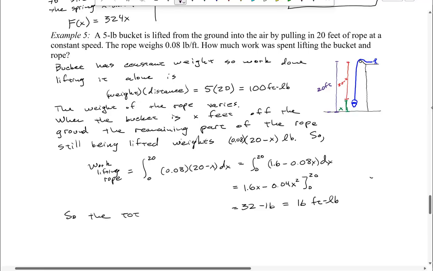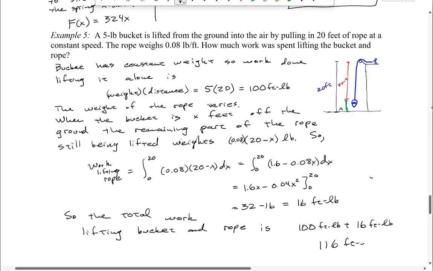The total work lifting bucket and rope is 100 foot-pounds plus 16 foot-pounds, which gives us 116 foot-pounds.